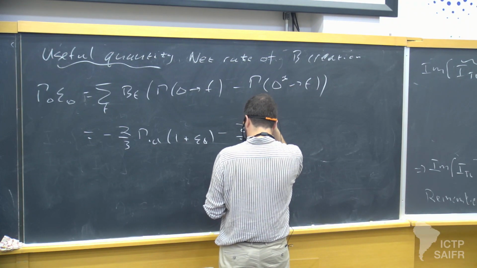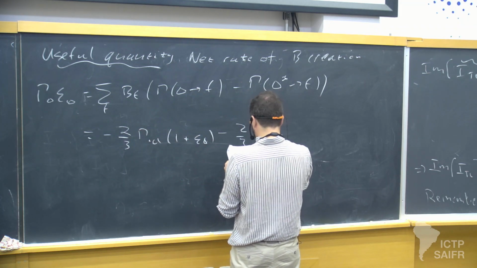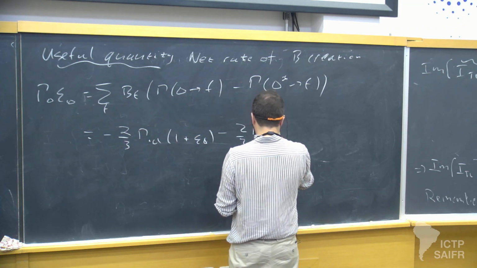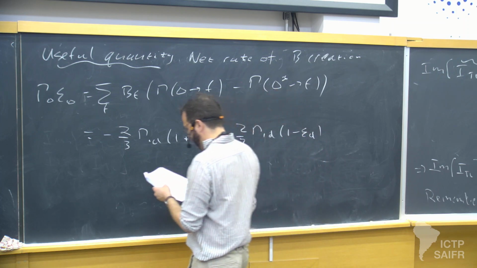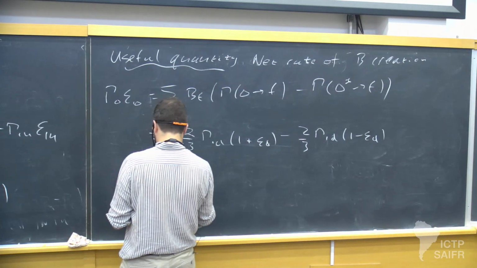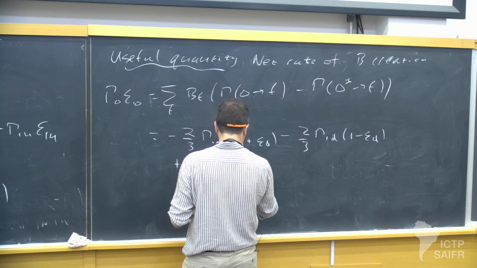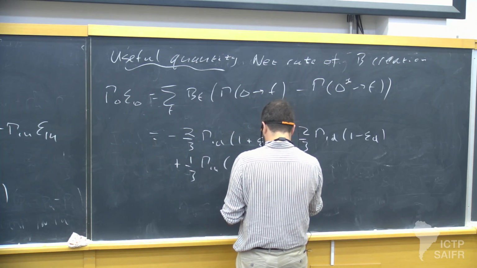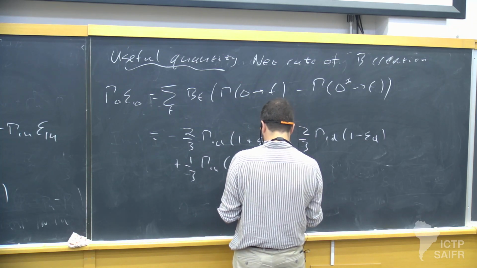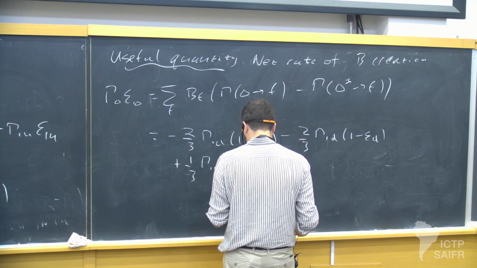Minus, overall baryon number, and then gamma 1d, 1 minus epsilon d. And then we have the other final state, gamma 1u, 1 plus epsilon u, minus 1/3. Did I do this correctly? Probably missed the minus sign.